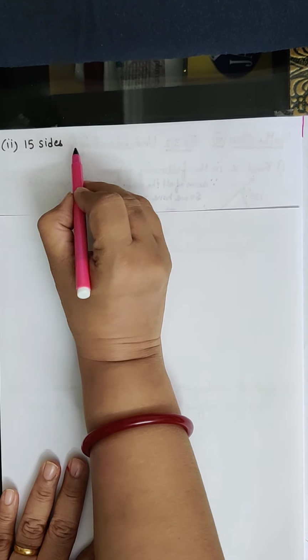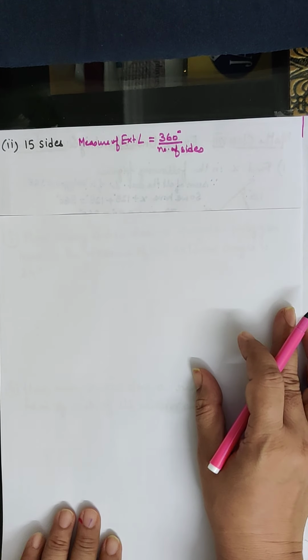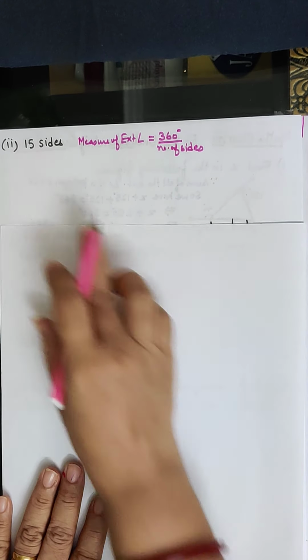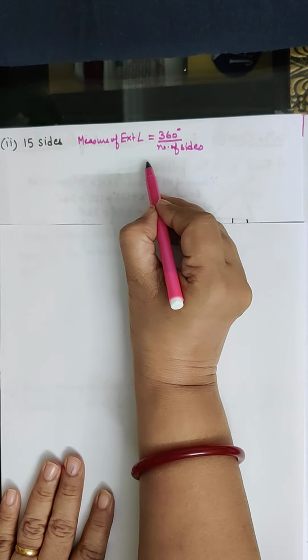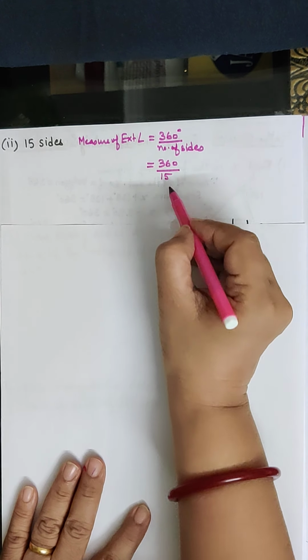Measure of exterior angle is equal to 360 divided by number of sides. All right. And here the number of sides given to us are how many? 15. So what do we do here? 360 divided by 15.